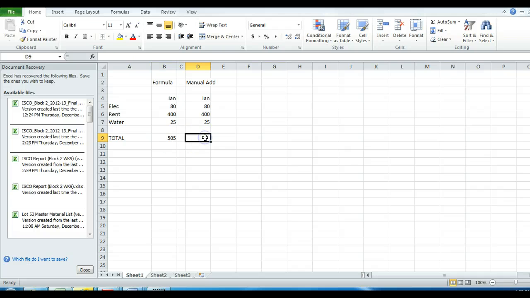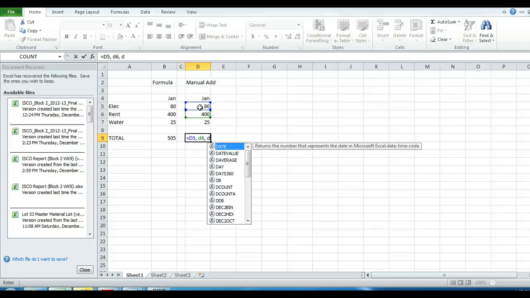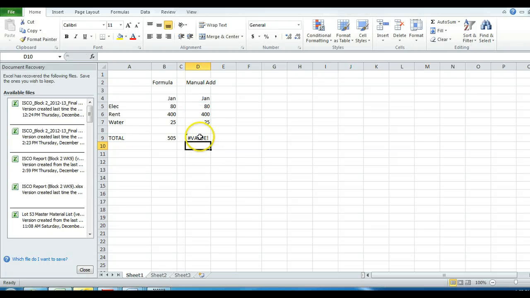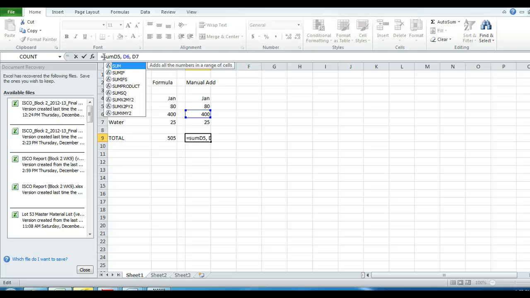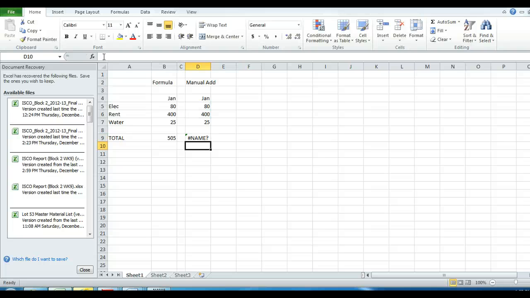Another way to add things up, I could do equals, click there, and hit comma, space, B6, comma, space, B7, enter. I get an error on that because it's not the right formula, and I have the word sum at the beginning. So this is where it gets really tricky to do things without using that automatic sum command.